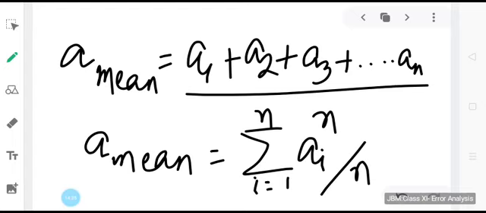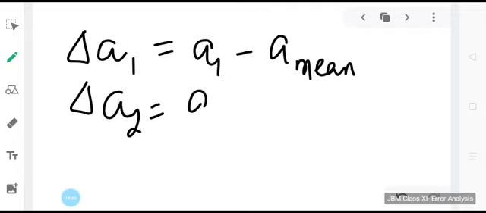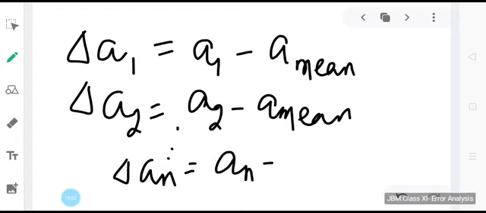So this is the general way of writing down the expression for A mean. So if delta A1 is equal to A1 minus A mean, delta A2 is written as A2 minus A mean. So can anybody tell me how to write down delta AN? It should be equal to AN minus A mean, isn't it?